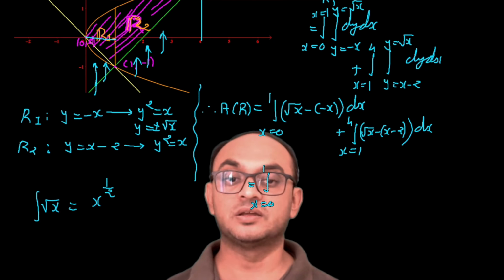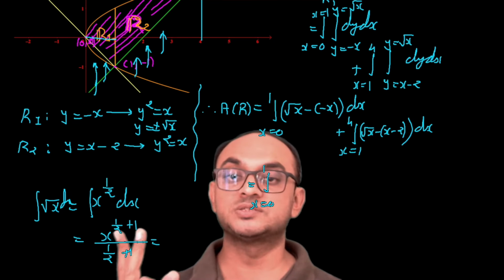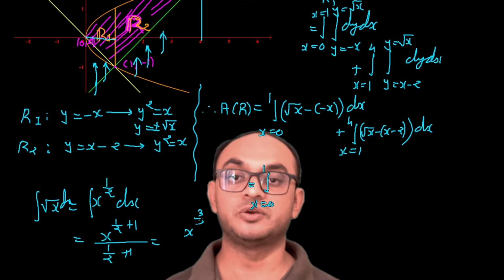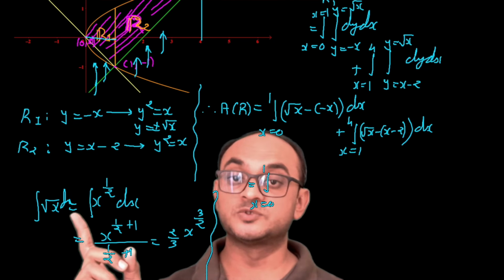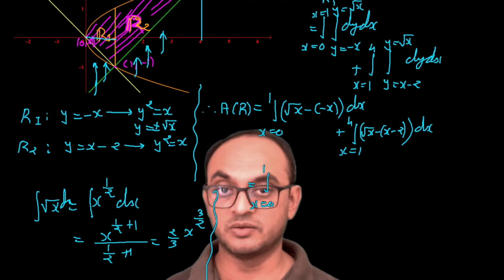I am integrating with respect to x, so the integration is x raised to 1 upon 2 plus 1, divided by 1 upon 2 plus 1. Now what is 1 upon 2 plus 1? It is 3 by 2. So this is x raised to 3 by 2, divided by 3 by 2, which is nothing but 2 by 3. So the integration of square root x is 2 upon 3 x raised to 3 by 2. Let us mention here.